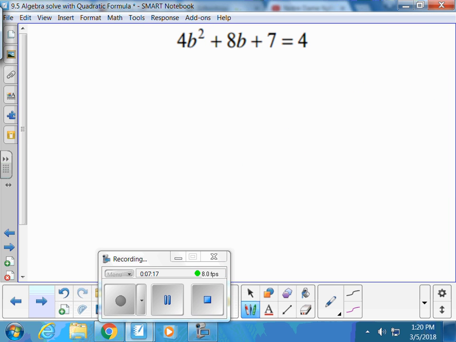So right off the bat, before you use your quadratic formula, you want to make sure you're set equal to 0. So I'm looking at it and I'm thinking, oh, I'm not set equal to 0 right now. So I'm going to go ahead and move this 4 to the other side.